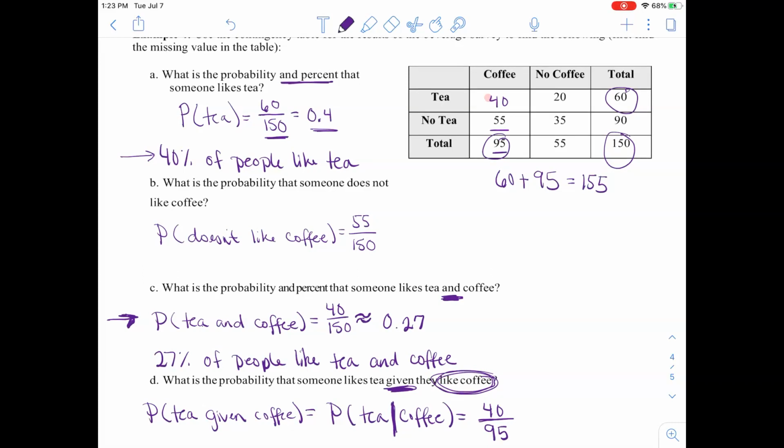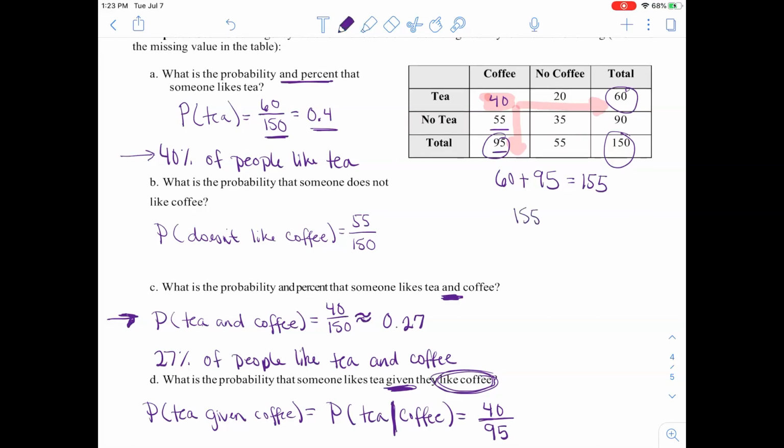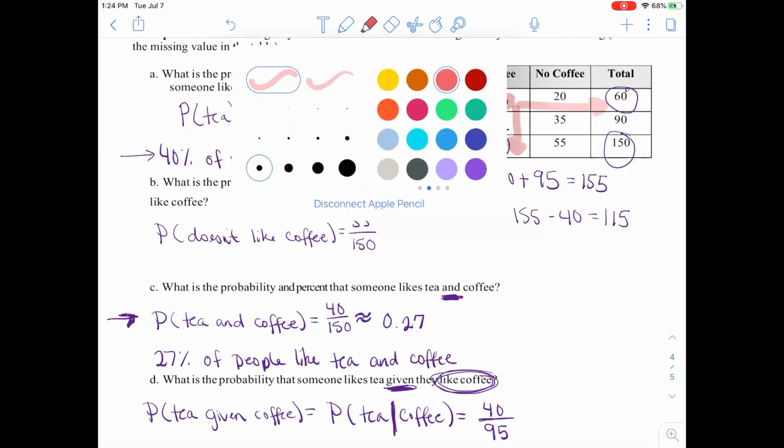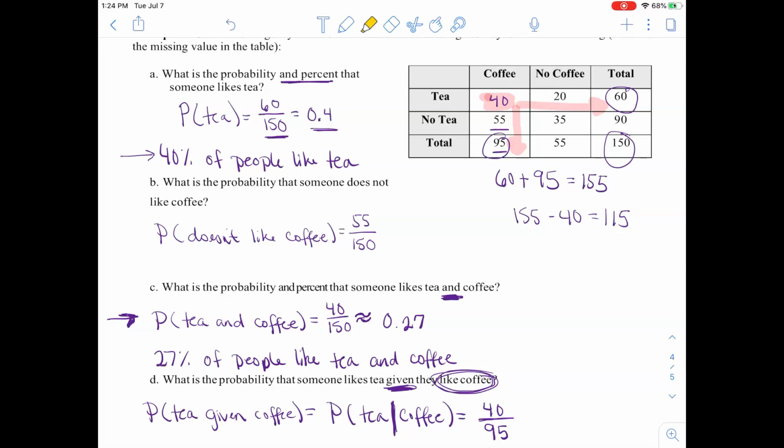The problem is you have counted 40 here and here. So you've overcounted. So if you want to do it this way, then you have to also take away 40 because you counted it twice. That is a very common mistake. So I really want to encourage you to just look at individual cells. So just say, okay, here I want to add this one, I want to add this one, and this one. So you don't overcount.